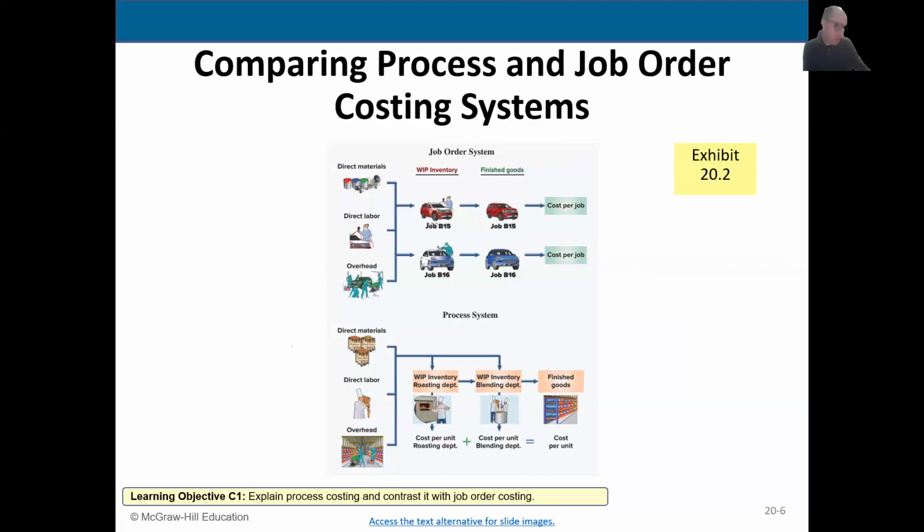Instead of doing it that way, in process costing, because we're making the same exact product over and over again, we're adding in that direct materials, direct labor, and factory overhead to each department as we are processing the product from raw materials to finished goods. You see, that's why we call it process costing.